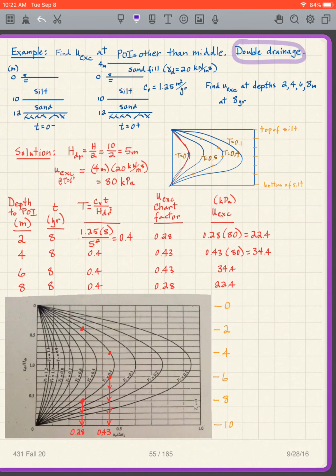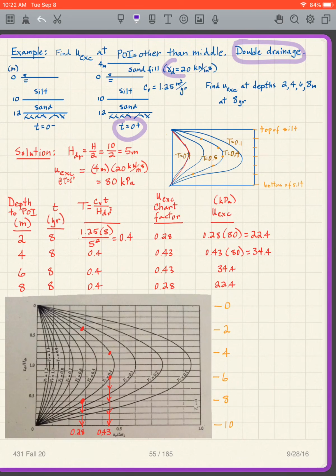So let's say we have a double drainage situation. In other words, I have this silt layer here underlain by sand, and that's the t equals 0 minus situation, and then at t equals 0 plus, I'm going to apply 4 meters of a sand fill.